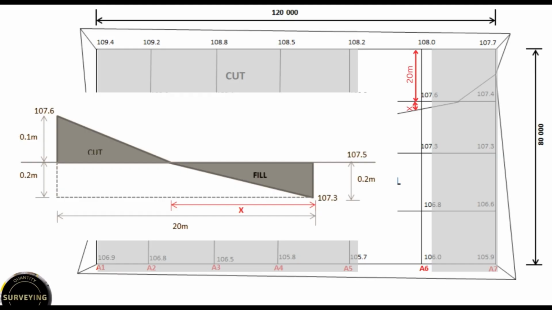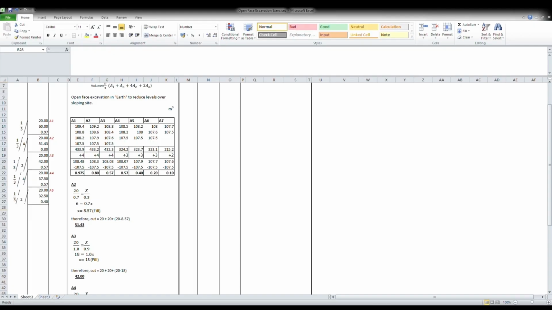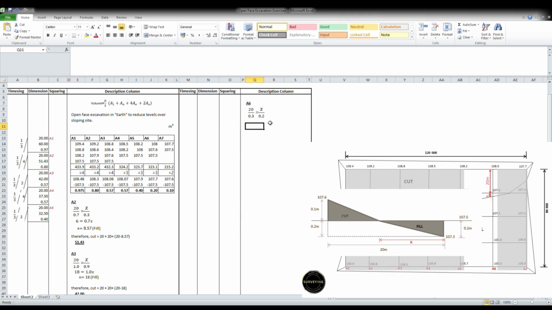Okay, so we have 107.6 minus 107.5, which gives us 0.1 meters. And then 107.5 minus 107.3, which is 0.2 meters. So for the large triangle, we will have 0.3 meters. And then for the small triangle, we will have 0.2 meters. So we are going to take 20 meters divided by 0.3 meters equals x divided by 0.2.